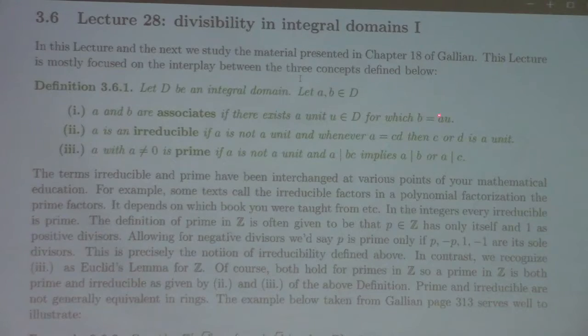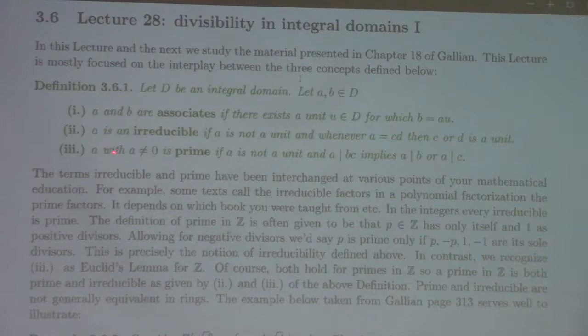I mean, b can be equal to a times u, and that wouldn't show that b is not irreducible. I mean, irreducibility is the question, can you take a and split it apart into two things, neither of which is a unit? Okay? This is really the same thing we were just thinking about in polynomials, isn't it? In fact, this squares well with our definition of irreducible polynomial, doesn't it? This is the same definition I just gave for irreducible polynomial in class last lecture.